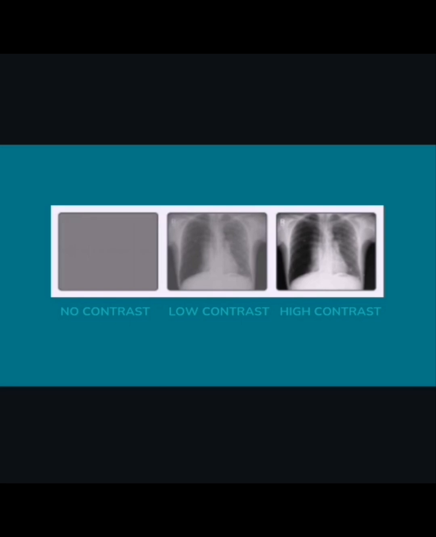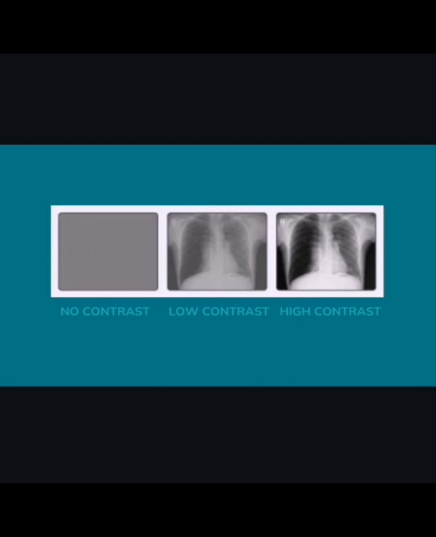And the second image has a low contrast. There's some difference in brightness level, but it is very small. Kung titignan mo, meron nang visible image, but more shades of gray pa din. Pero kapag no contrast at all, it is the same shade of gray lang.